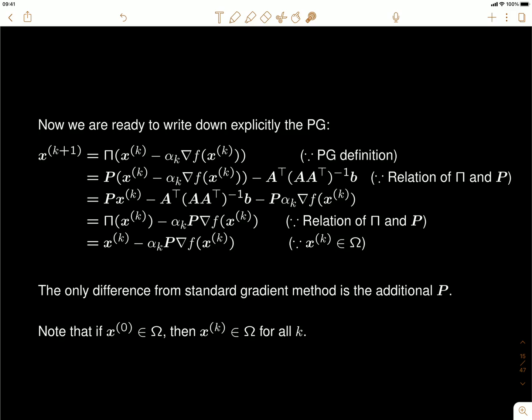And as we said before, we are always on the plane because when you do this projection, we'll always be on omega. This is how to guarantee that we're on omega: we just need to have the previous point on omega, and then we separate this term, which makes us still on omega.